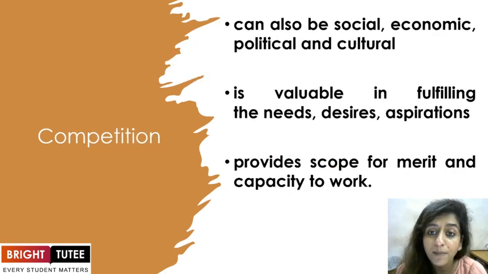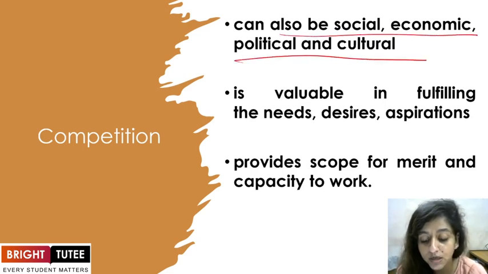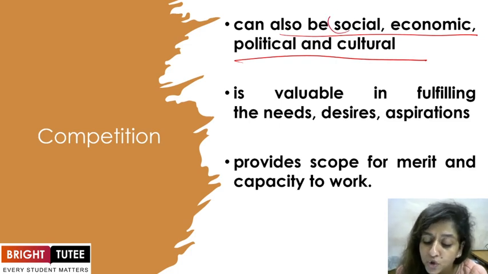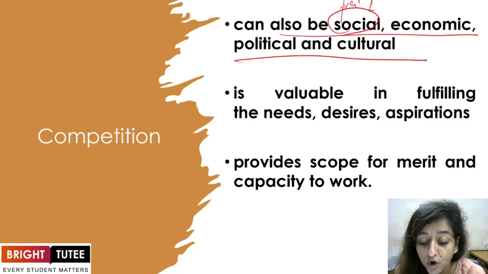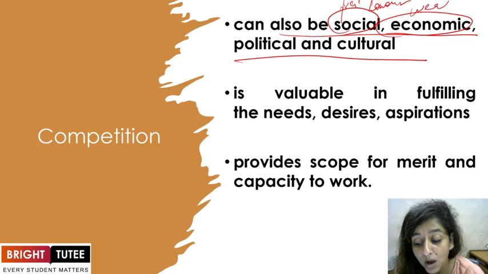So when we summarize the aspect of competition, it can also be social, economical, political and cultural, that we talked about. It can be a social competition for some prestigious post or for some honor. It can be economical when you talk about wealth.